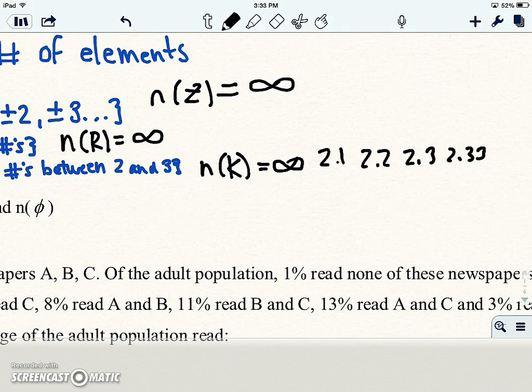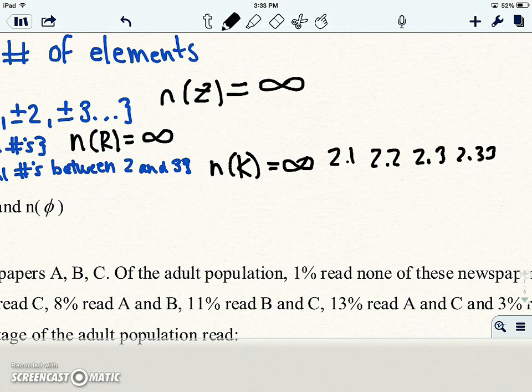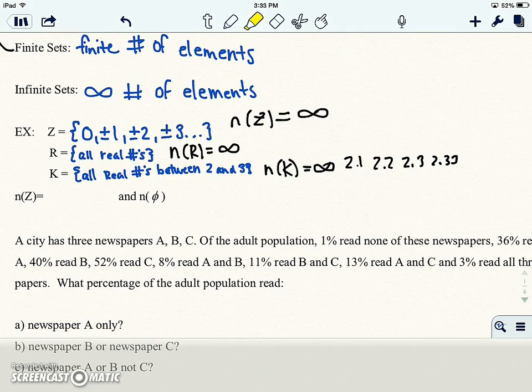We have a zillion, or as a matter of fact, an infinite number of numbers between 2 and 3.